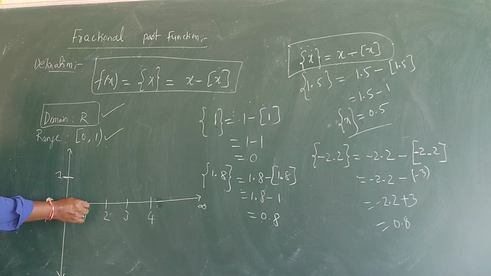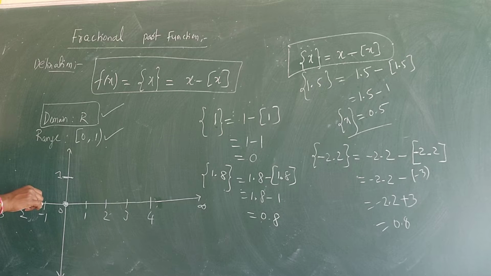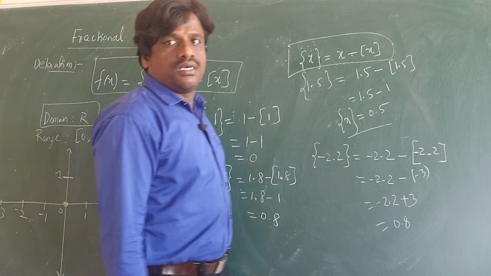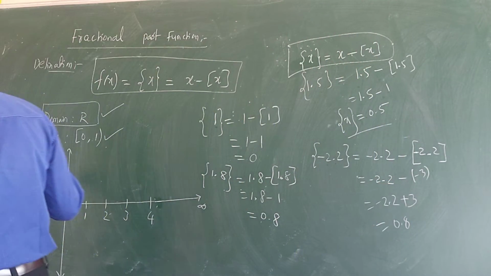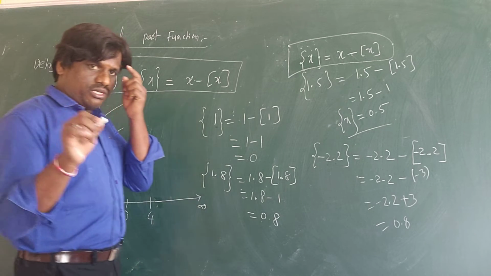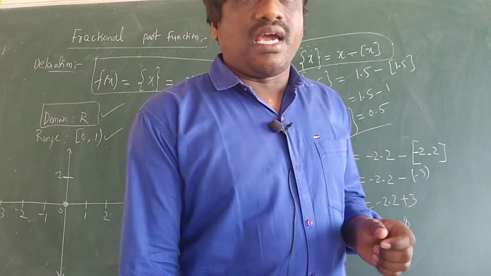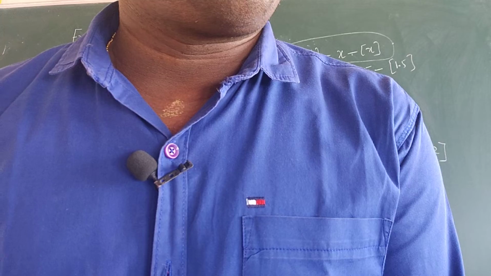The graph of this function is most important. Here, 0 to 1, I know all the inputs which I am going to give. That is x, the domain. So I can give points 0.1, 0.2, 0.3, 0.4, 0.5, likewise any number. Are you getting what I said?